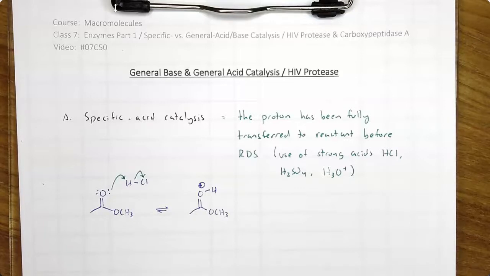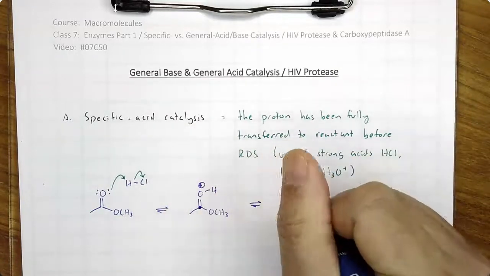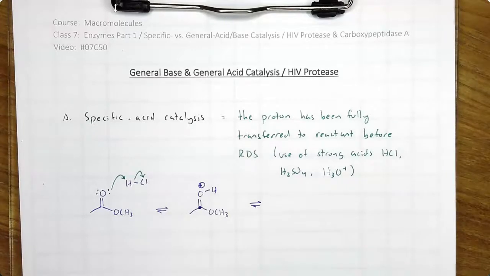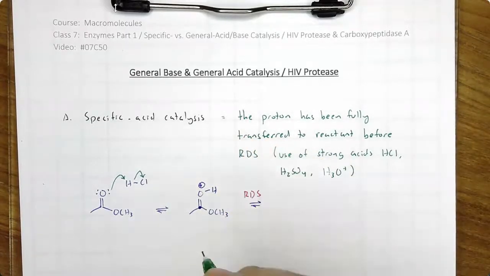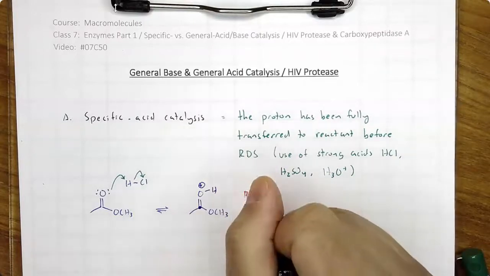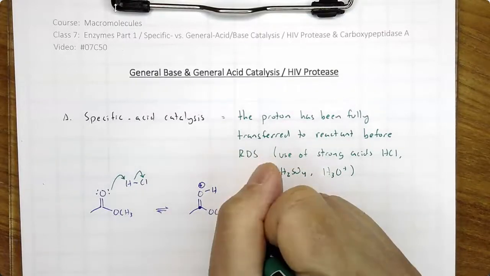And then we have our slow step. The slow step is the attack of this carbon. We'll call this the RDS. And what's happening? We have water, and the attack is the slow step.